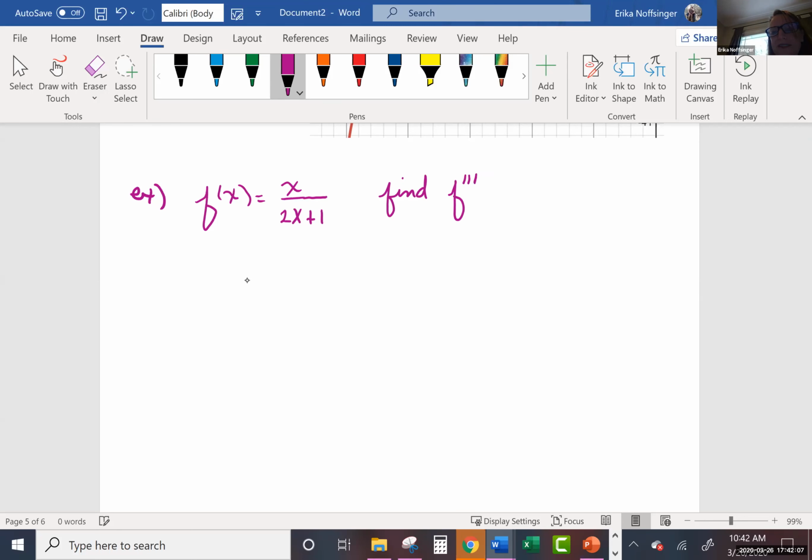So for the third derivative, you're just making those 3 prime signs. But anything after the third derivative, you write the number as an exponent. So I would write this as f, a little 4 up there that looks like an exponent, but really is not, of x.